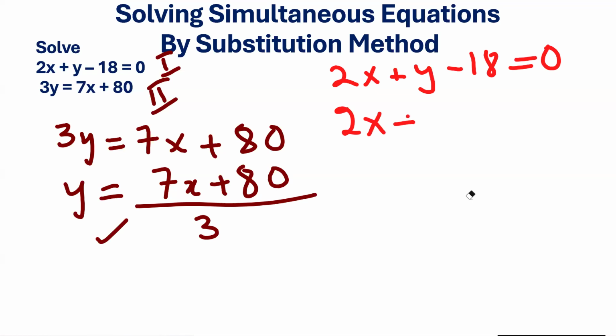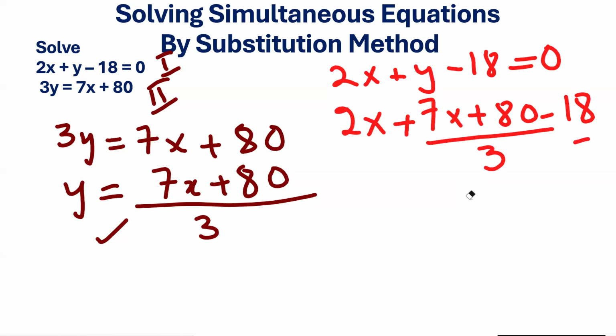We are substituting the value of y, which is (7x plus 80) divided by 3, minus 18 is equal to 0. Let's take the LCM, which is 3. And 0 is already there on the right-hand side.